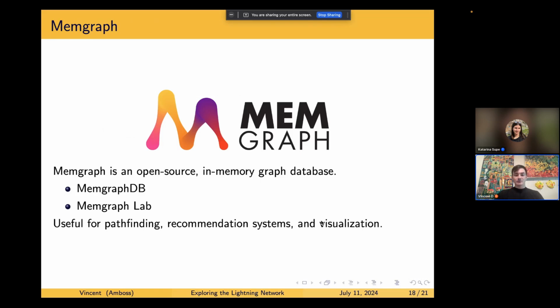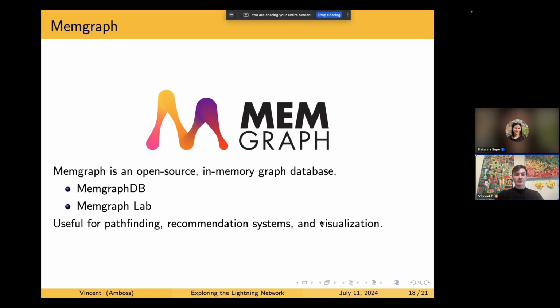And so we were looking at different graph databases, and for one of our initiatives, we wanted to do pathfinding, and in our benchmarks, we needed something with sub-second latency. The current existing implementations for the Lightning Network can return responses for pathfinding queries in less than a second.